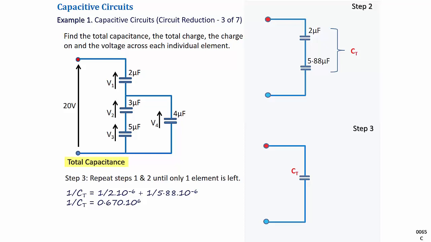That is the reciprocal of CT. So CT equals 1 divided by 0.670 times 10 to the power 6, which equals 1.49 microfarads.